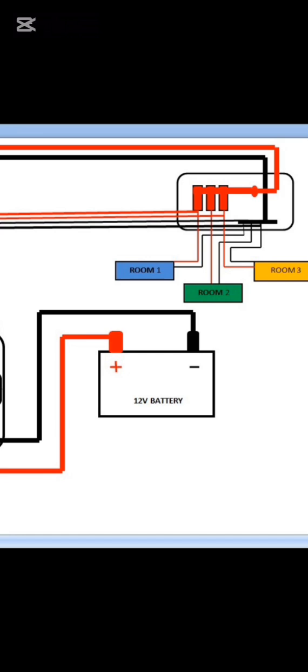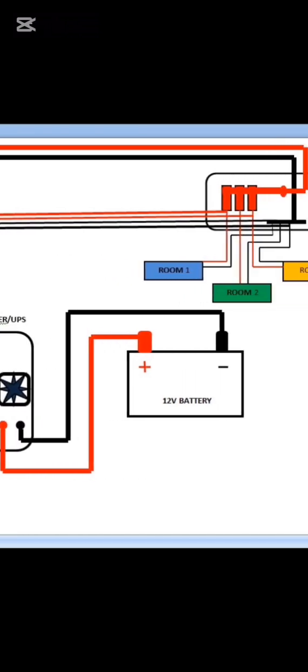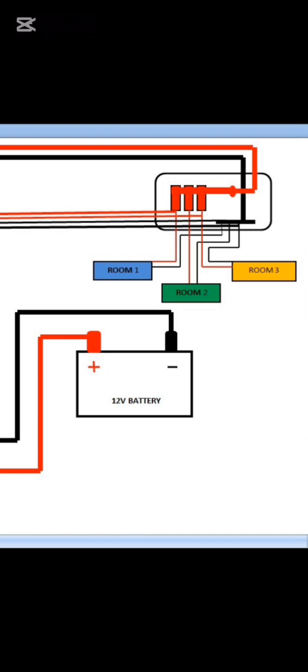But room 2 and room 3 are connected to the AC output of the UPS. So the main power supply from the meter supplies room 1 and then the AC input of the inverter. In the absence of the main power supply, the UPS takes over since it serves as a backup, supplying the AC power to room 2 and room 3 in the building.